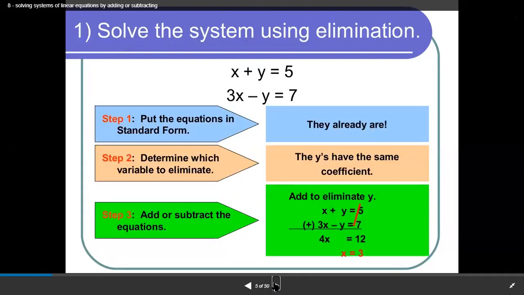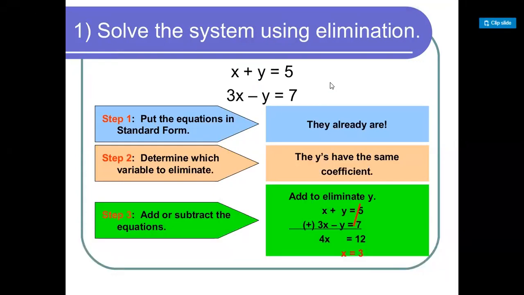Let's take a question and we will check together. We have two equations now: x plus y equals 5, 3x minus y equals 7. Are the two equations already written in standard form or not? Yes, they already are. Second, which variable will we eliminate?